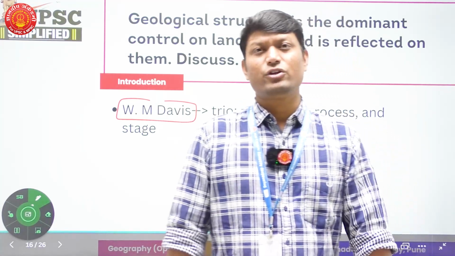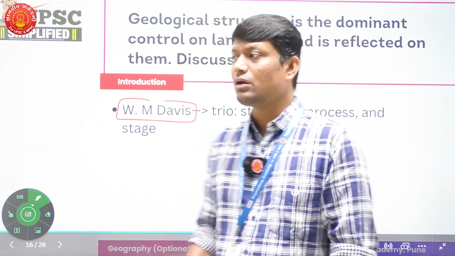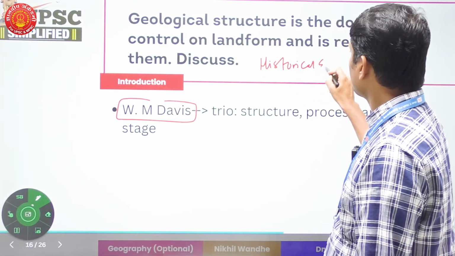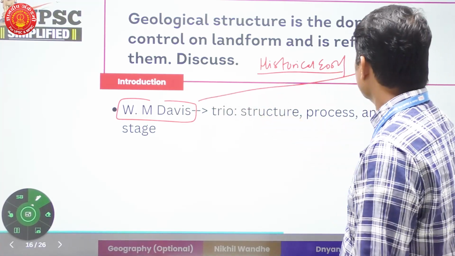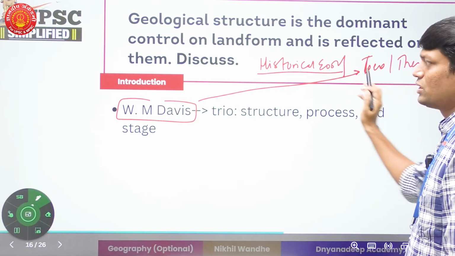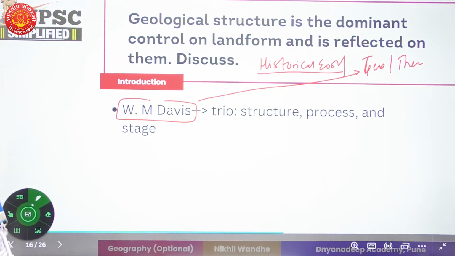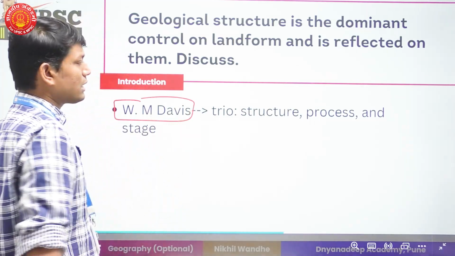The method is, whenever you are introducing, either introduce with a definition, or introduce with something showing historical evolution, or where you can mention some geographer and their theory. This is the approach which needs to be followed in the geography optional, and it can also be followed in other optionals too.